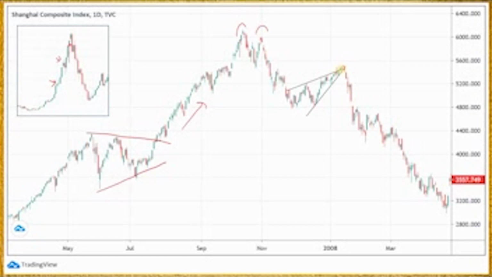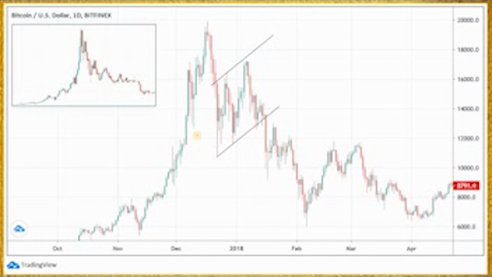It poked out above that a couple of times before plummeting, and it didn't really bother to go back up again to form a double top like in the last example. It just went straight down and kept going, and again it went down pretty close to where the parabolic move had begun.